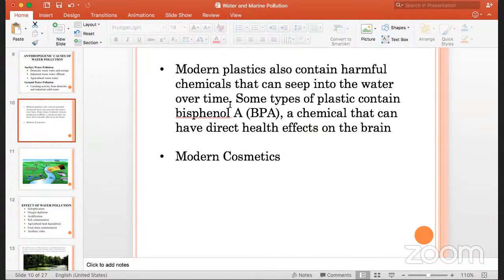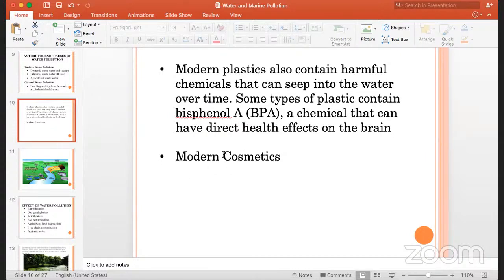You must not even use plastic water bottles in the first place, but if you are using a plastic water bottle, it has to be BPA free, right? Why is that? Because it's a very, very dangerous carcinogenic compound. It is used to make all types of plastic, but for your drinking water bottles especially, you must check if they are BPA free.